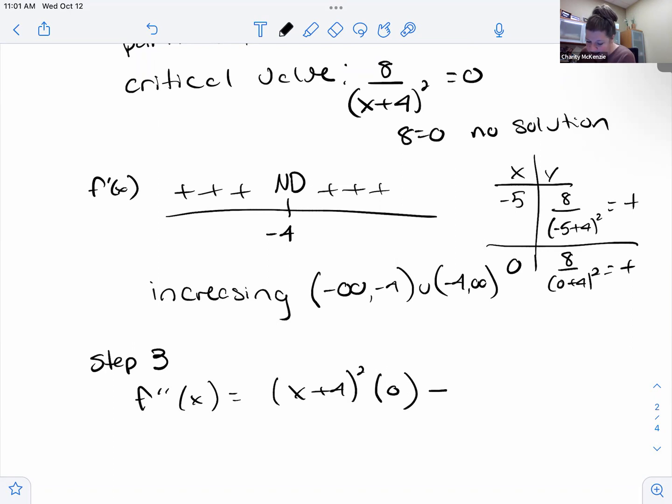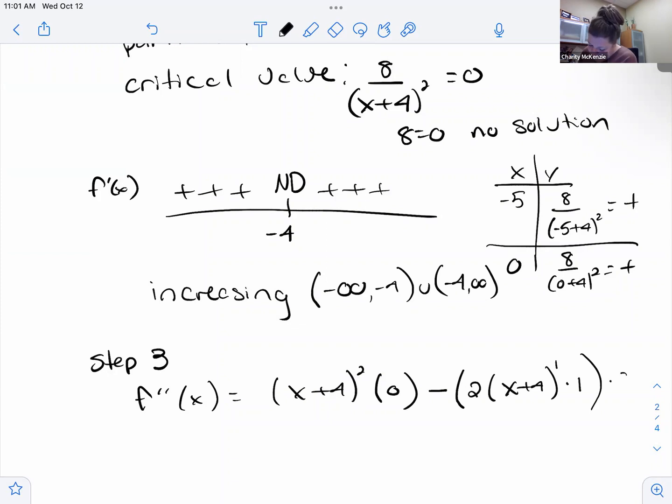And then minus the derivative of the bottom. For the derivative of the bottom, you bring the 2 out front, keep everything the same, drop the exponent to a 1, and times by the derivative of the inside for the chain rule. But the derivative of the inside is only a 1. So that's our derivative of the bottom times the original top.